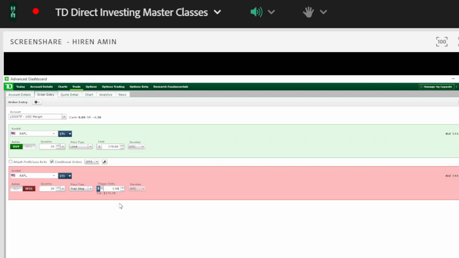Okay, $3 delta. Now you'll notice as soon as I put this in, it adjusts the price based on this.